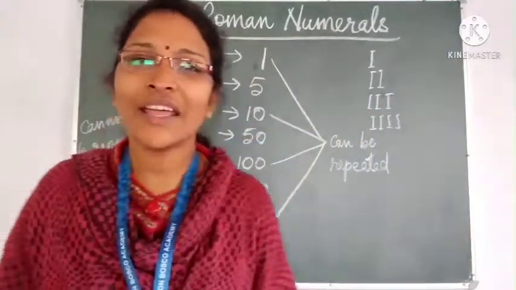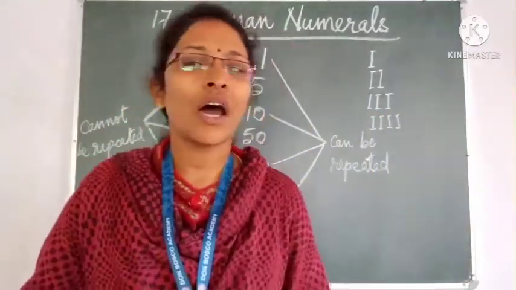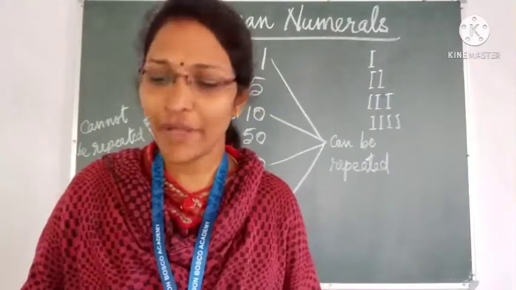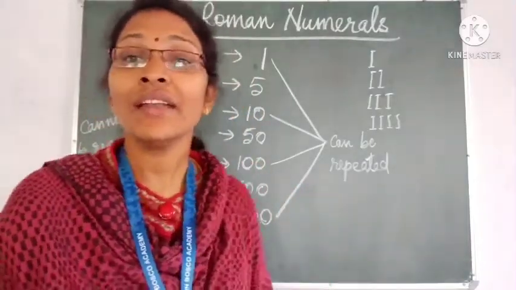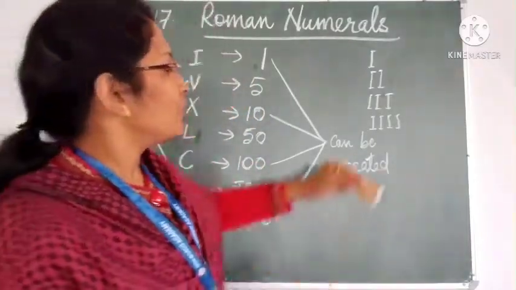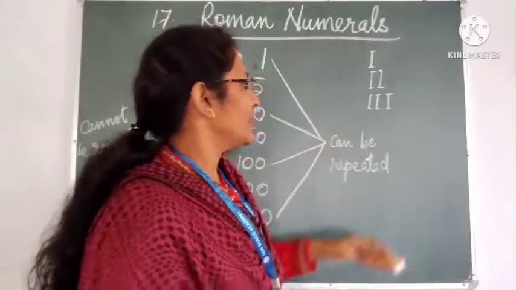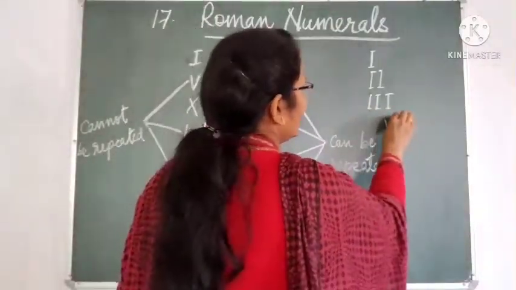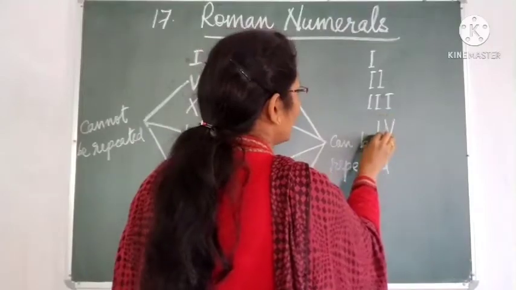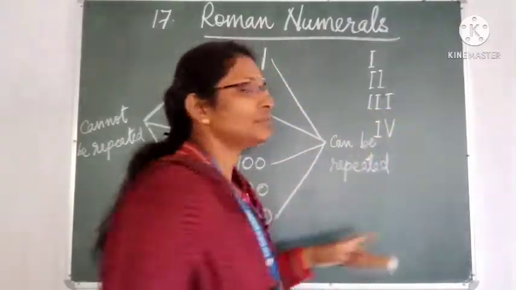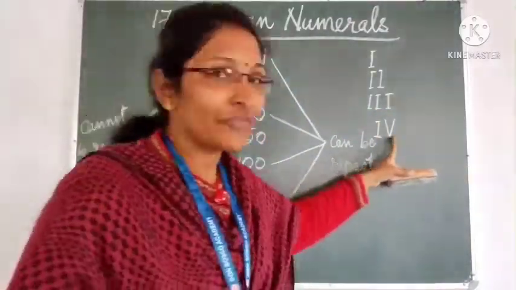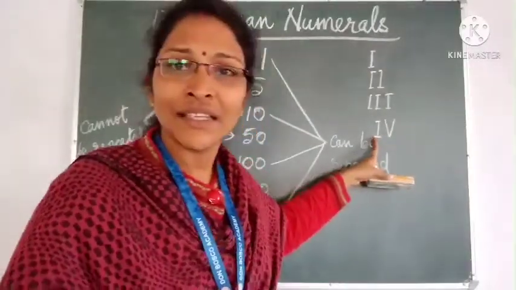No, we cannot write 1 four times because a Roman numeral cannot be repeated more than 3 times. Then what will we do? We will write 5 minus 1. V for 5, 5 minus 1.